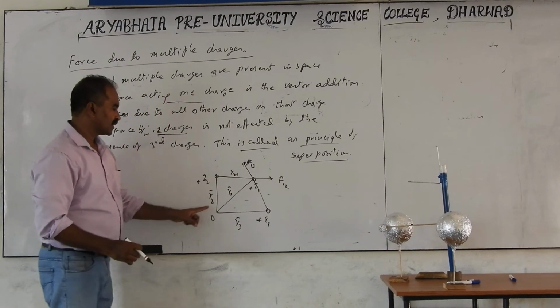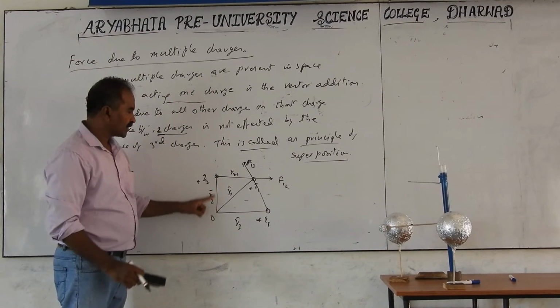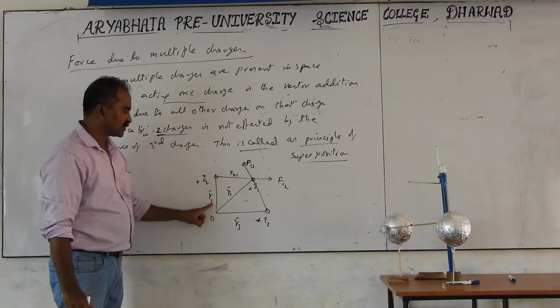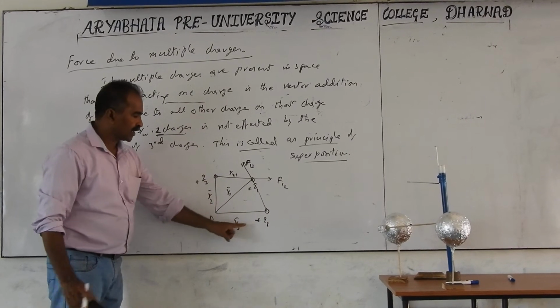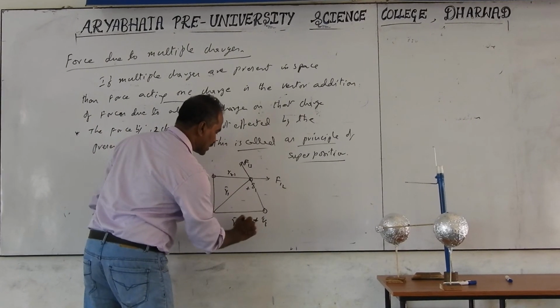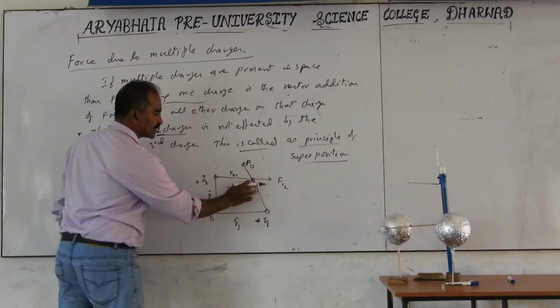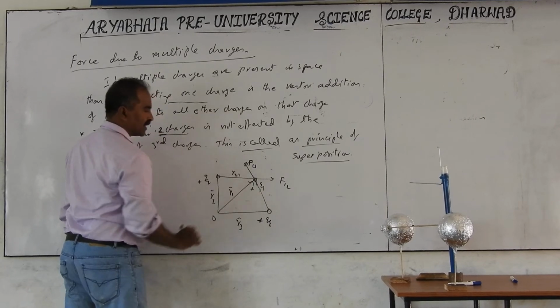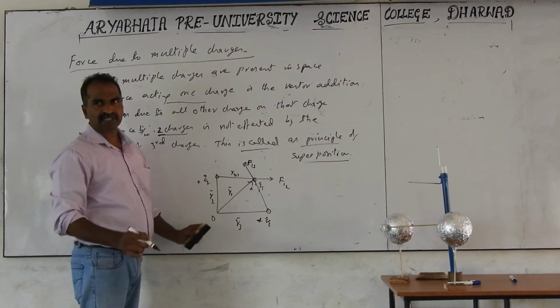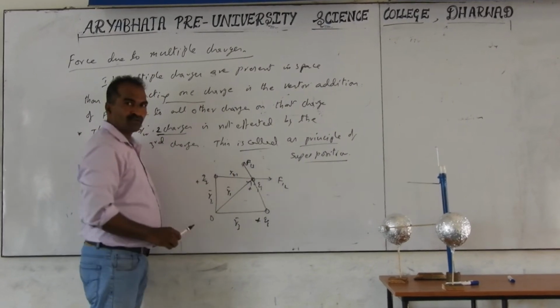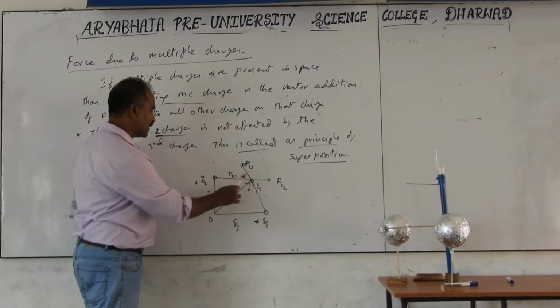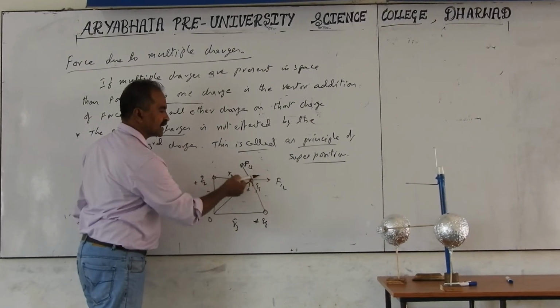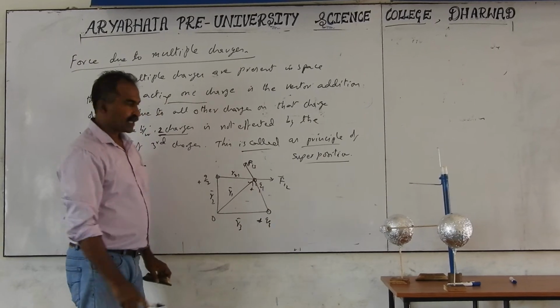Repeat. O is the origin. Q2 is at position vector R2 bar. Q3 is at position vector R3 bar. And Q1 is here, with position vector R1. Positive charges give repulsive forces. On Q1 I want the resultant force. Because of Q2 the force is repulsive, so it is in this direction, it is a vector.